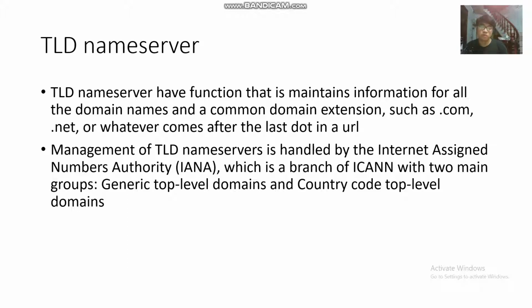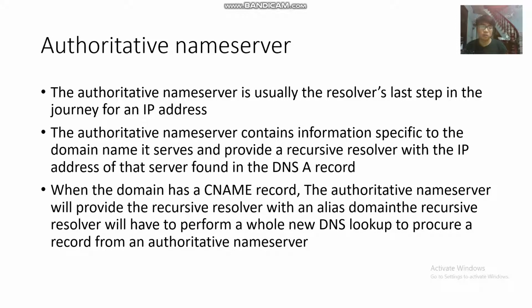The mechanism of the TLD name server is handled by the Internet Assigned Numbers Authority, which is a branch of ICANN, with two main groups: generic top-level domains and country-code top-level domains.